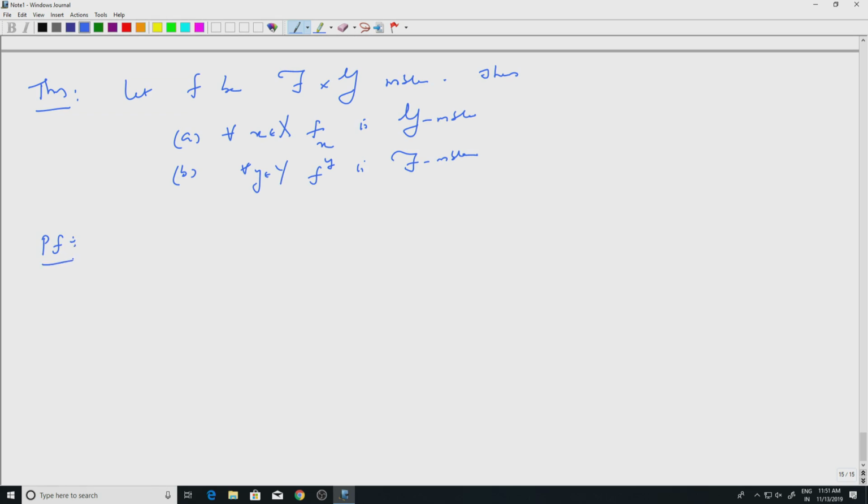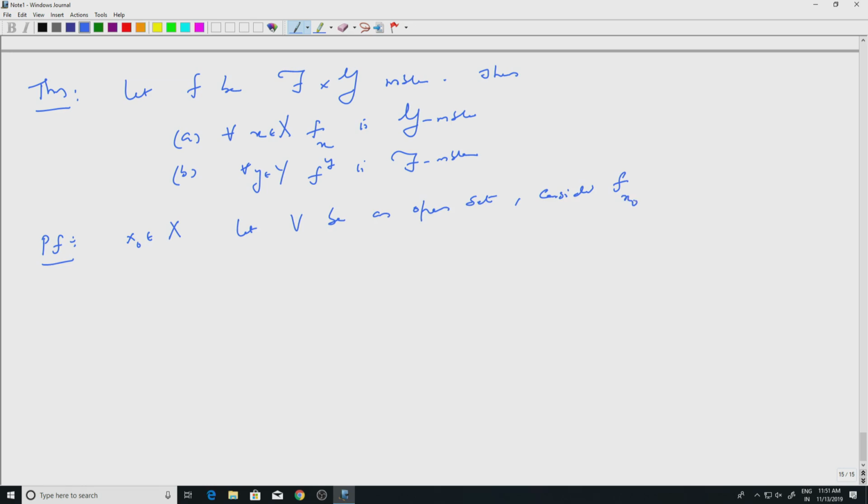So, let us fix an x naught in X, so that it is clear what we are doing. We want to show that if f is measurable, then f sub x naught is G measurable. So, let V be an open set and consider f sub x naught.